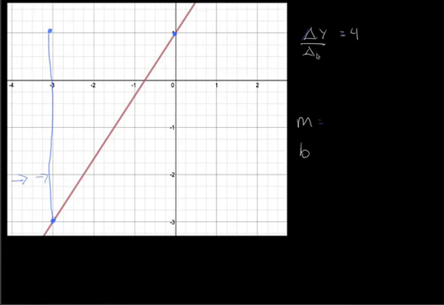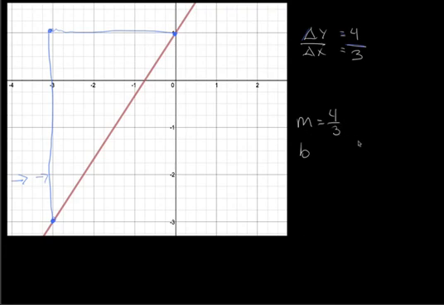And now let's do our change in x. That's our horizontal change. Let's see, we're going from -3 all the way over here to, where is that on the x-axis? That's 0. From -3 to 0, that's a change of 3. Okay, both positive. So it looks like our slope is 4/3.